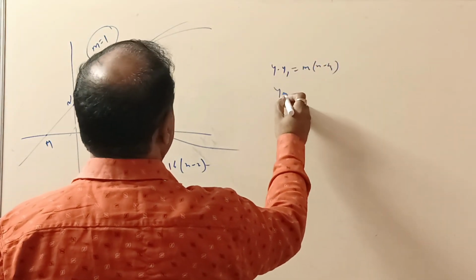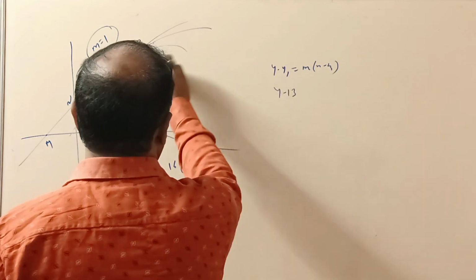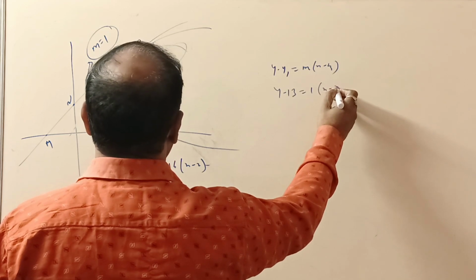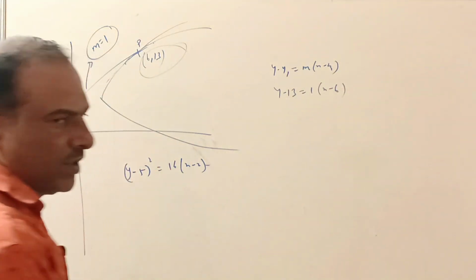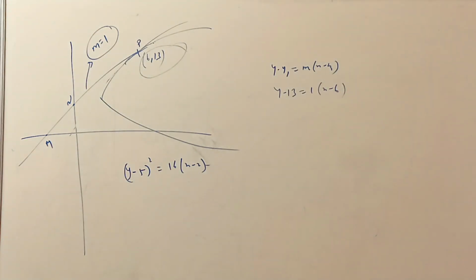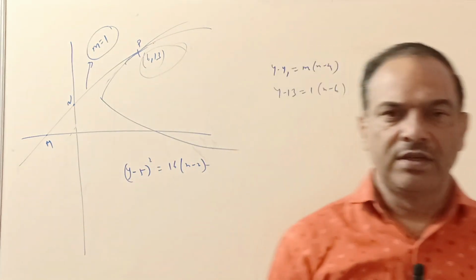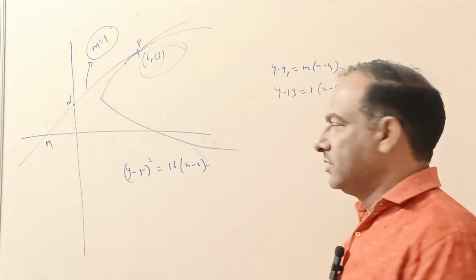Here the point x1, y1 is 6, 13, and the slope m is 1. With the help of the straight line equation, we can find out the equation of the tangent.